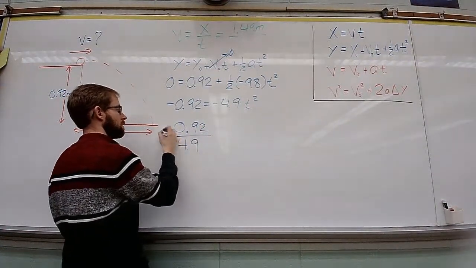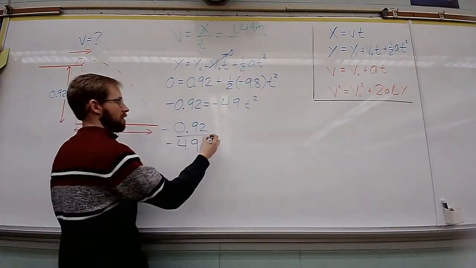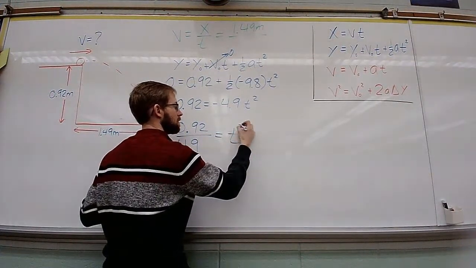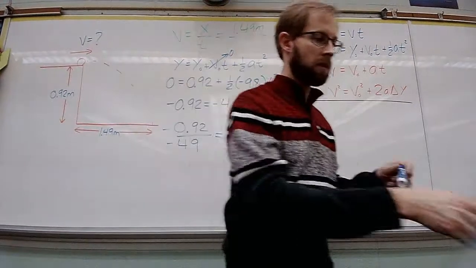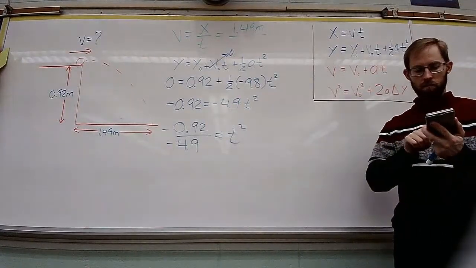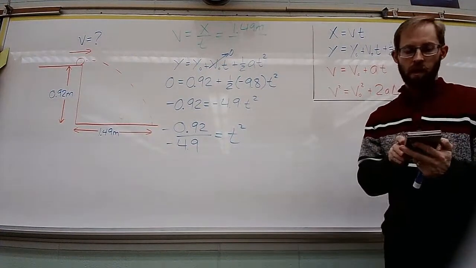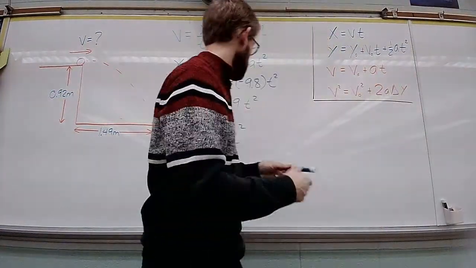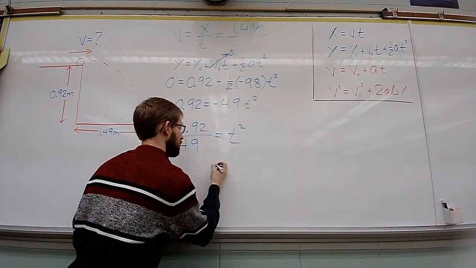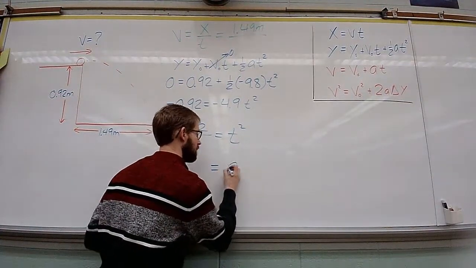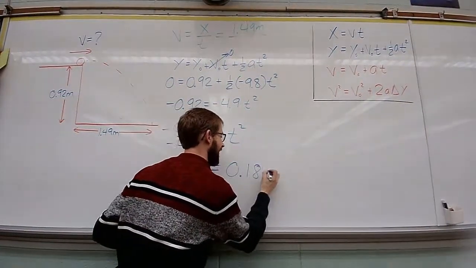And the negatives cancel each other out. So let's see, what does that come to? I got 0.188. So my time squared is 0.188.